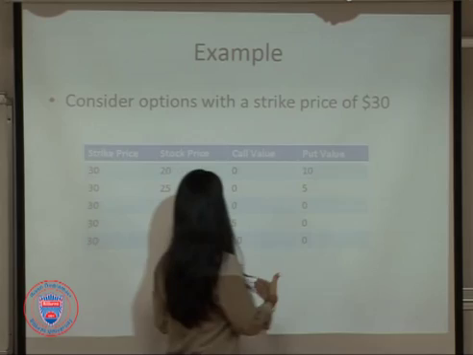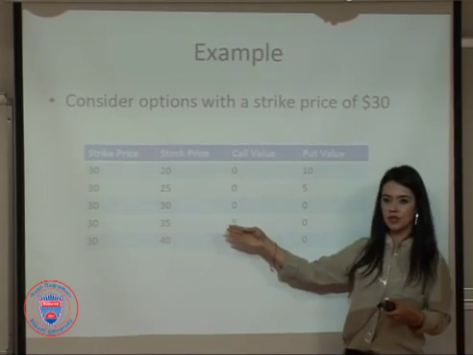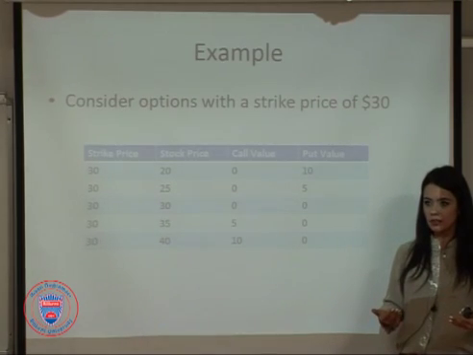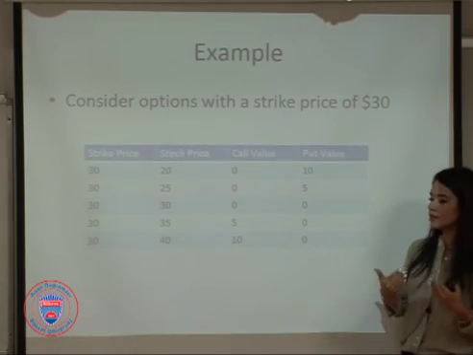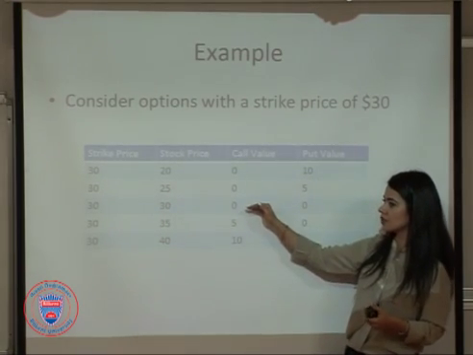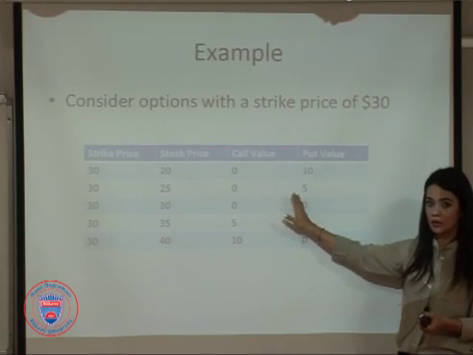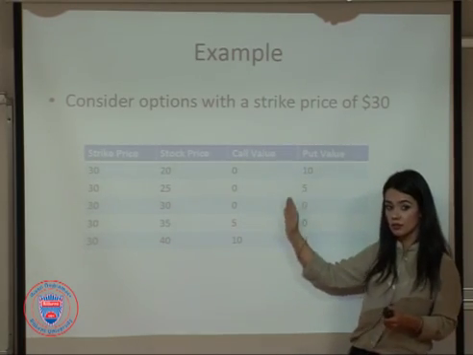So let's look at those call values. Whenever the stock price is higher than the strike price, you're going to exercise the option, right? Because you're buying the stock at the strike price. So in those cases where the strike price is higher than the stock price, you're not going to exercise the call option. So call value is 0, 0, 0.